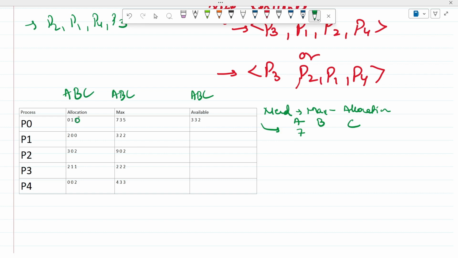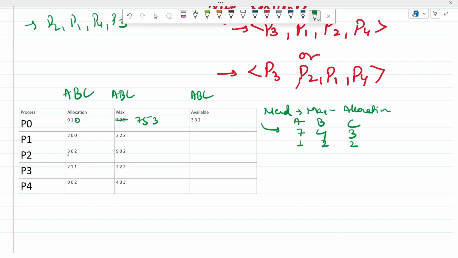Now solve this one. For P1, the allocation is 200 and the maximum is 322. So 3 minus 2, it needs 1 A resource, 2 minus 0, it needs 2 B resource instances, and 2 minus 0, again 2 C instances needed for P1 to start execution.